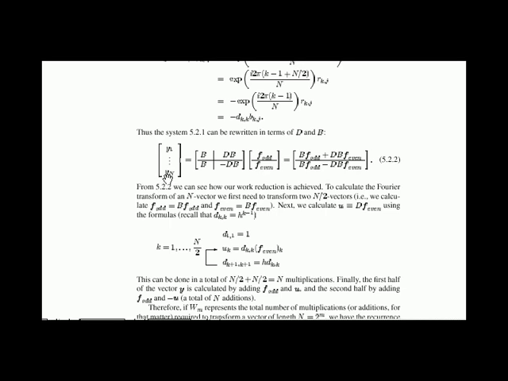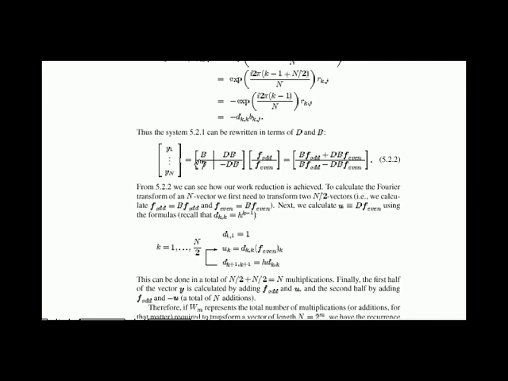Of course we're assuming n is even, so that you can break this up into two parts. To do the whole n by n matrix multiplication, you basically have to do two n over 2 by n over 2 transformations, B times F odd and B times F even, where F odd are the odd components of F, F even are the even components. The first half of Y is this, the second half is that, and basically you just have to do two matrix multiplications of size n over 2 by n over 2.